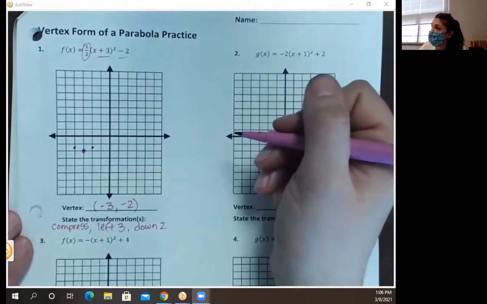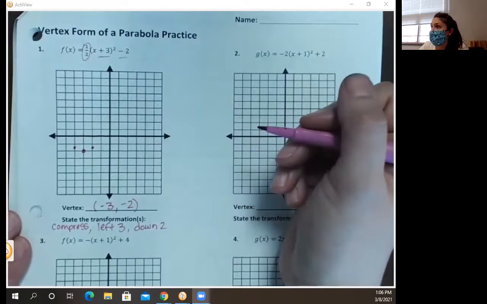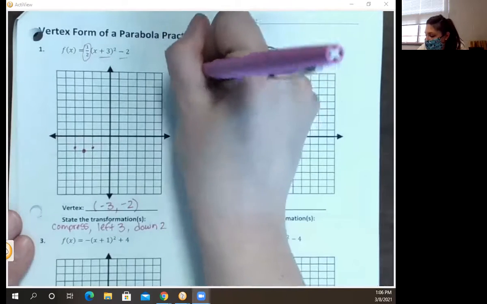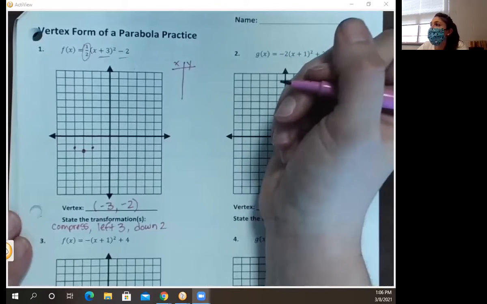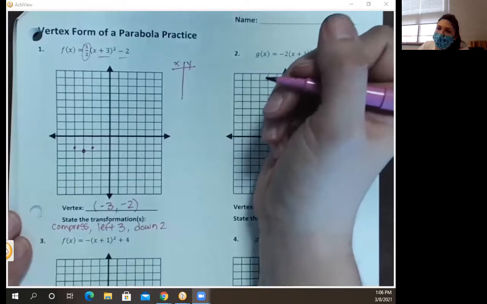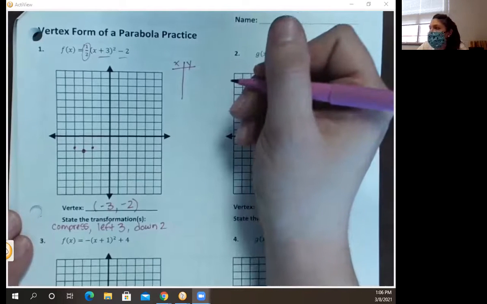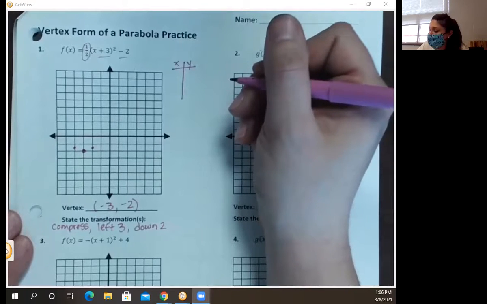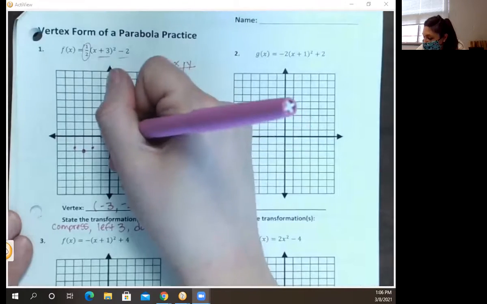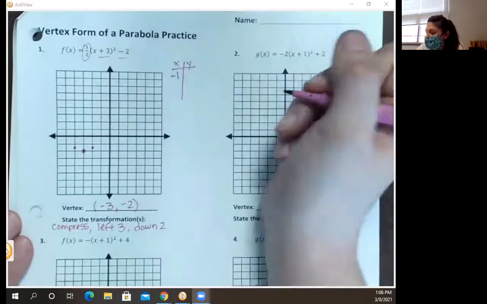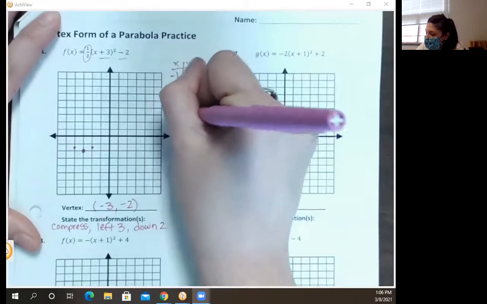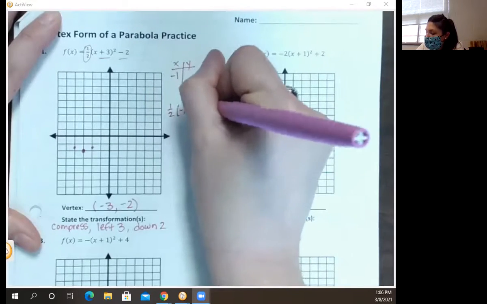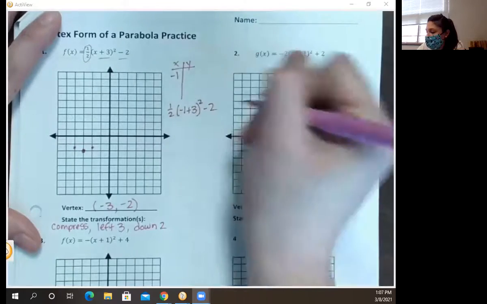You can also find more points on this graph by picking a value for x and plugging it in. So if the transformations are a little tricky for you, remember you can always graph a function by making a table. We talked about this with our exponential functions. You can still do it for your quadratic functions. So let's say I wanted to know if I plug in -1 for x, what do I get? That would be 1/2 times -1 plus 3 squared minus 2.